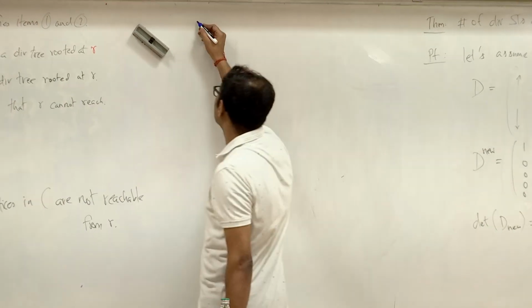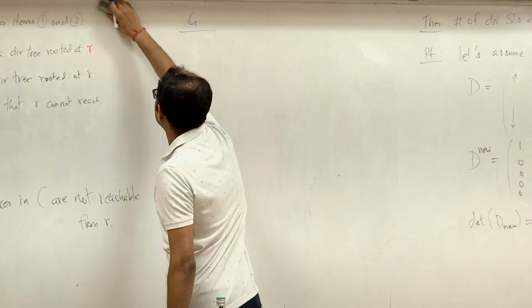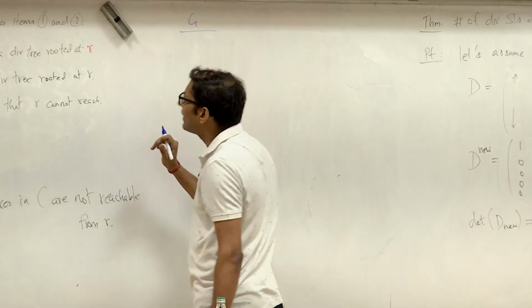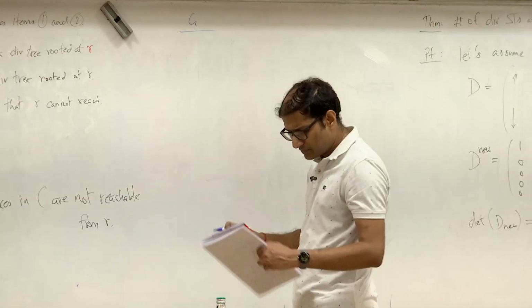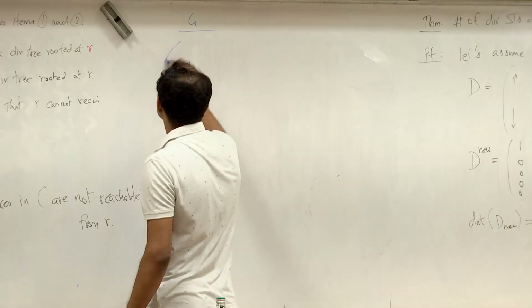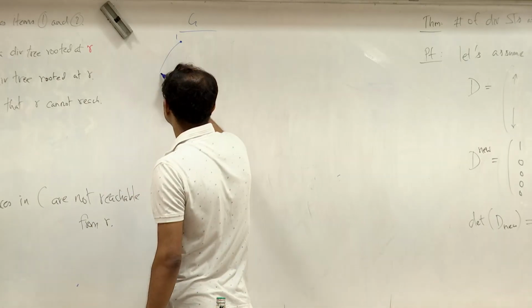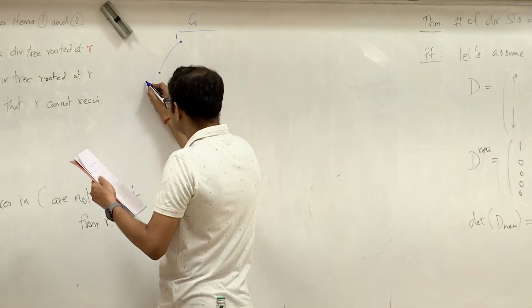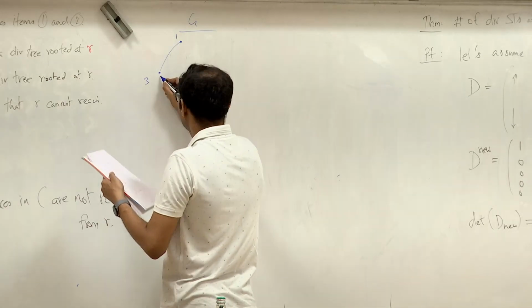So here is a graph G. So this, by the way, I took from the notes of Gary Miller, this example. So the idea is that I have this graph.